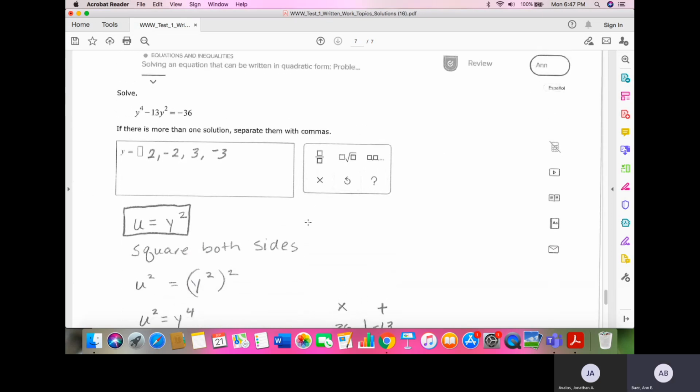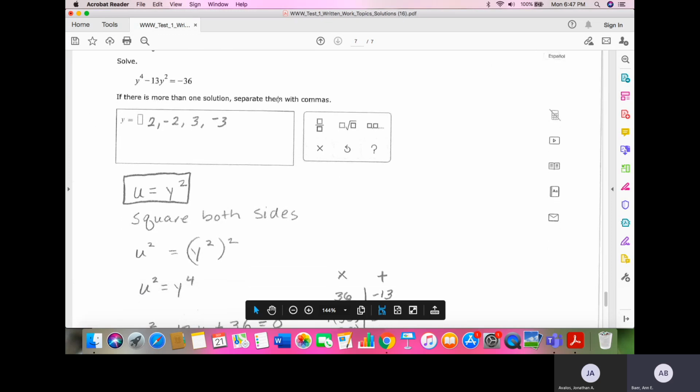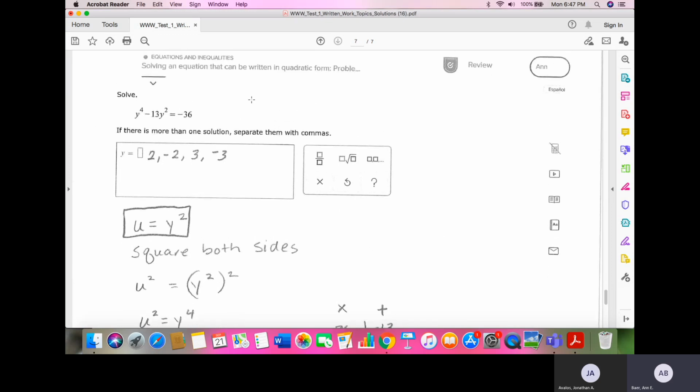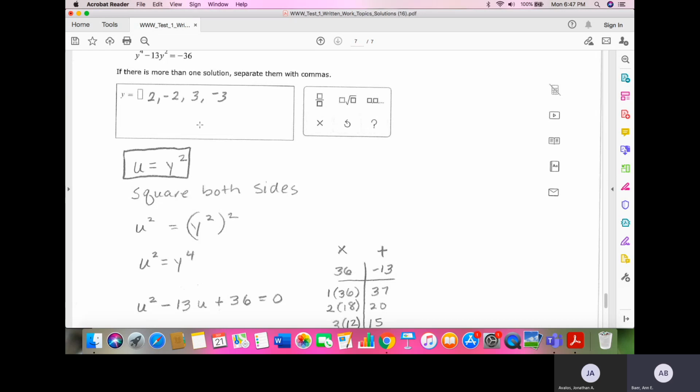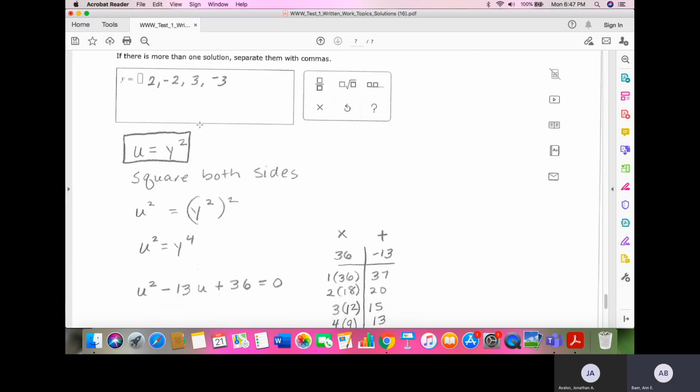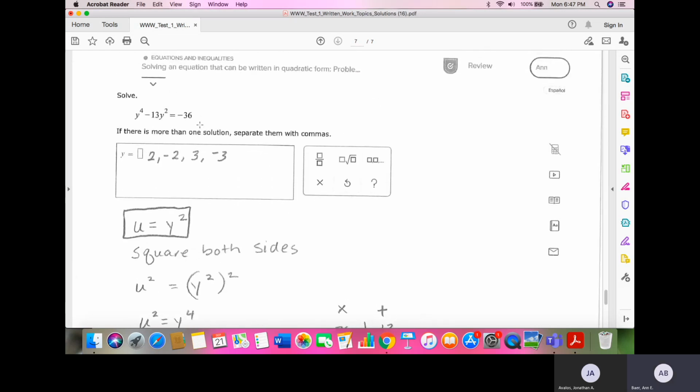So we would like to enlarge the number of equations that we can solve. And one way to do that is to treat them like a quadratic-like equation. And that's what's going on here. The first thing I would do is get this all on one side.